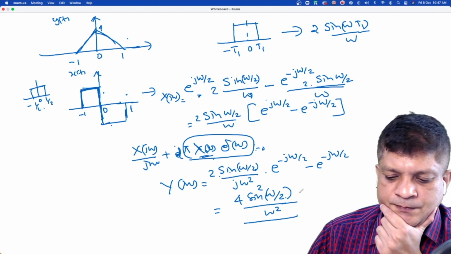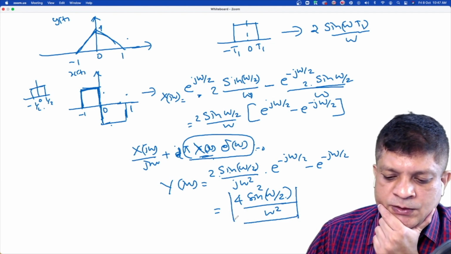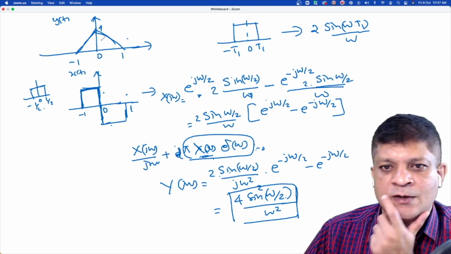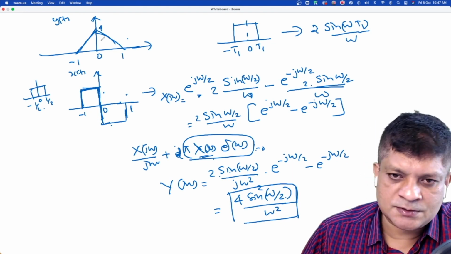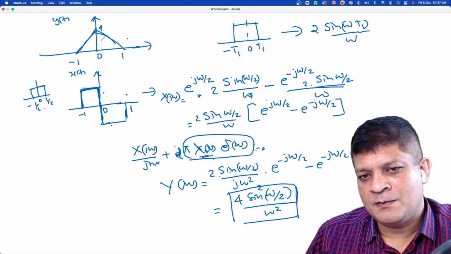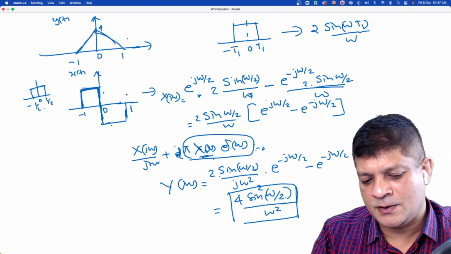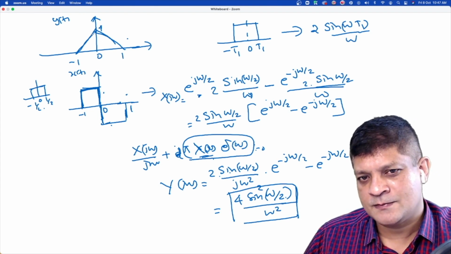Okay. So using the integration property, we have found the Fourier transform of this rectangular pulse. Now, can you tell me, by using some other property, can you find the Fourier transform of this rectangular pulse?